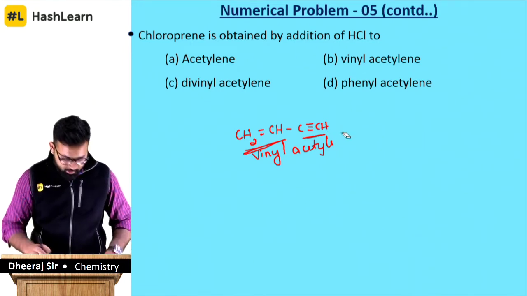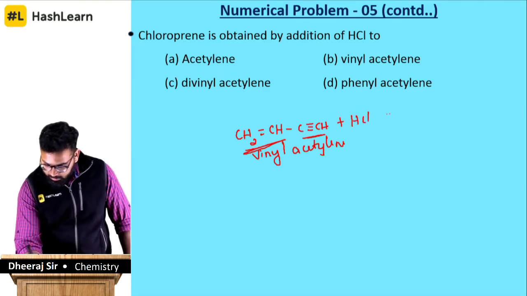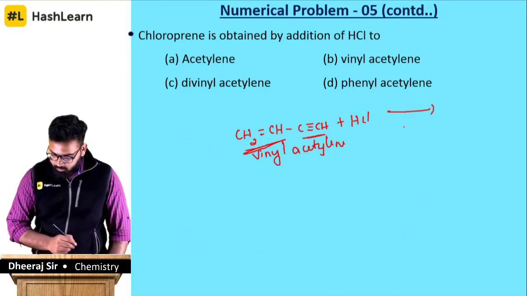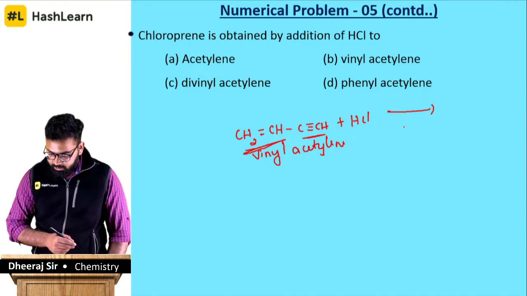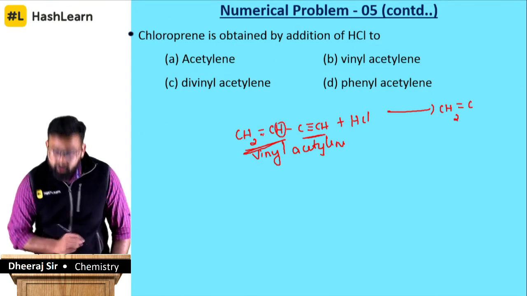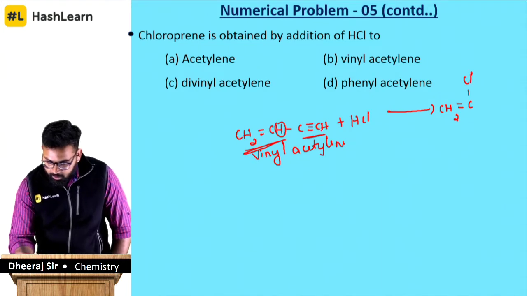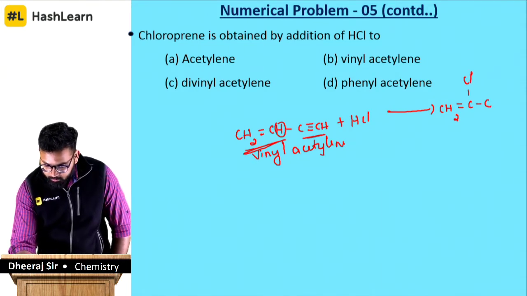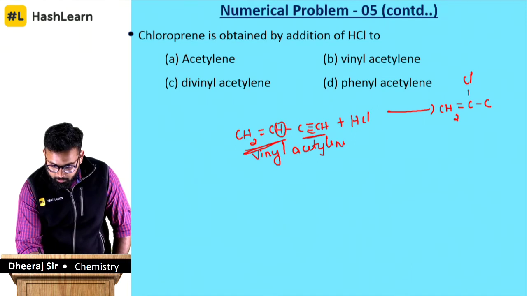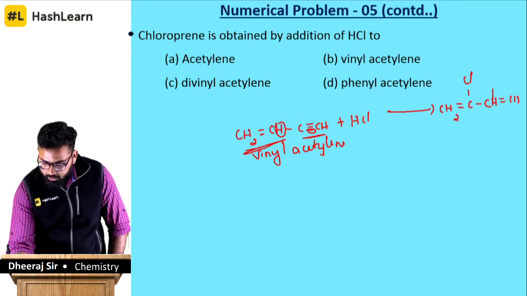When the vinyl acetylene molecule is made to react with HCl, it ends up giving you CH2 double bond CH, C with Cl in place of H, and one of the triple bonds is broken, giving you double bond CH2.